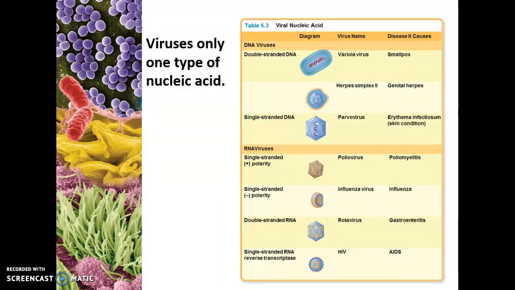Hepatitis virus only has 4 genes. That's a huge difference between just a bacteria cell and a virion. There's 1,000 times more DNA in the bacteria cell than the virus. So that kind of makes sense when you think about the fact that the virus has to get into a host cell to do anything, because it can't do anything on its own. It doesn't have that much genetic material.